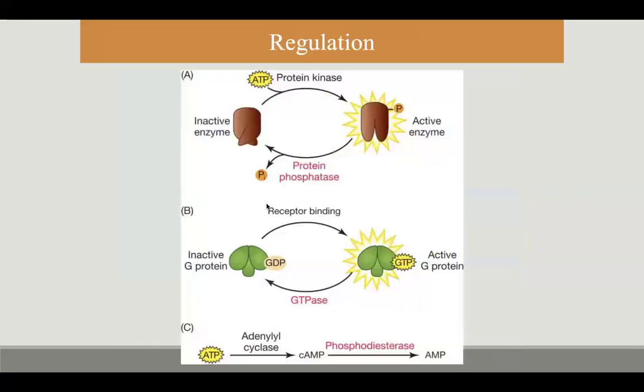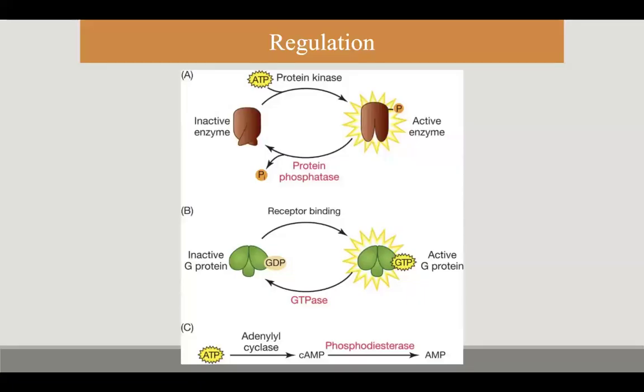So how are these signals regulated? Signaling molecules may be turned on or off depending on hydrolysis or phosphatases, for example. With phosphates, you could have an inactive enzyme. ATP protein kinase binds a phosphate to the enzyme.